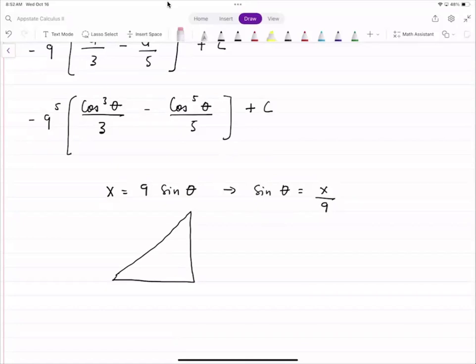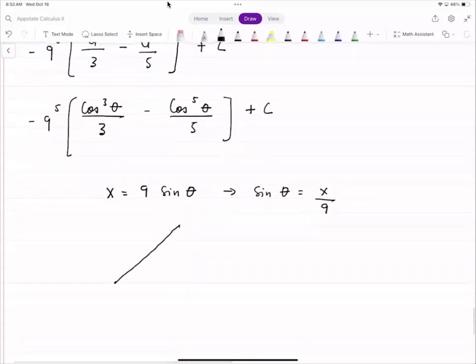My triangle doesn't look nice. Okay, and let me put theta here. So we are going to use SOHCAHTOA. So sine is opposite over hypotenuse. So if your angle is here, so here is what? X, here is 9.